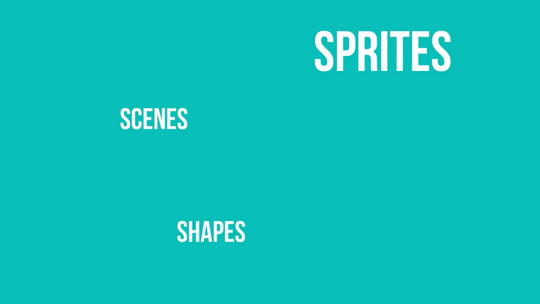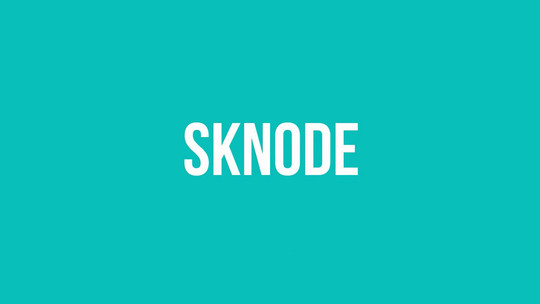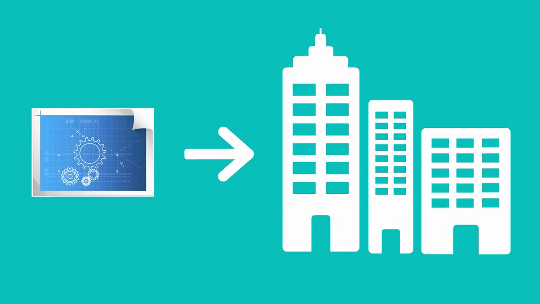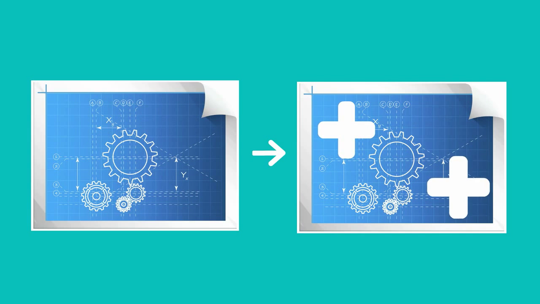The scene, any sprites, labels, shapes, particle effects, etc. are all subclasses of a class called SKNode. In Swift, you can think of classes as blueprints. With one blueprint for a house, you can build many houses. A subclass would be if you took the same blueprint and added a second floor or a pool to the house.